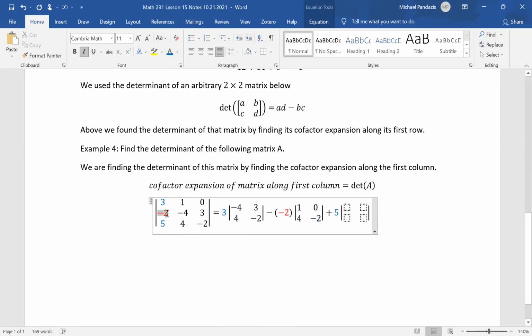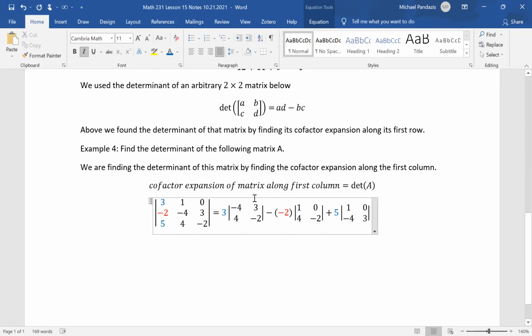And if you take this entry 5 and remove the row and column it's in, the third row, first column, you get [1, 0; -4, 3].